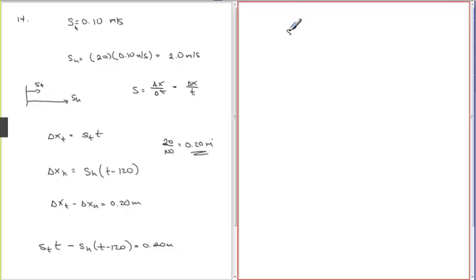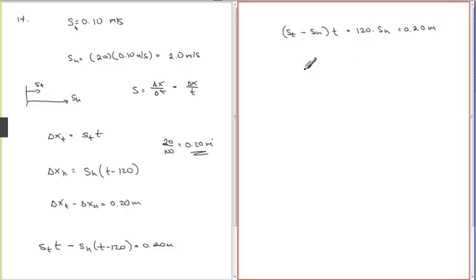So if we take s sub t minus s sub h, and we multiply by t. What I've done is I've taken this term and this term, and I've factored out t. And so what we have left is negative s sub h times negative 120, so that's a positive 120 times the speed of the hare. And that has to equal 0.2 meters.